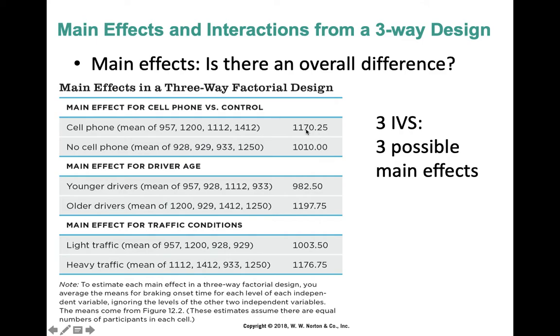So we would say that of the possible main effects, for cell phone there does appear to be a main effect, such that using a cell phone, overall on average, ignoring what their age is, ignoring what traffic conditions, among all the conditions in the design, of the conditions in which the drivers used a cell phone, their onset to brake was slower than when they didn't use the cell phone.